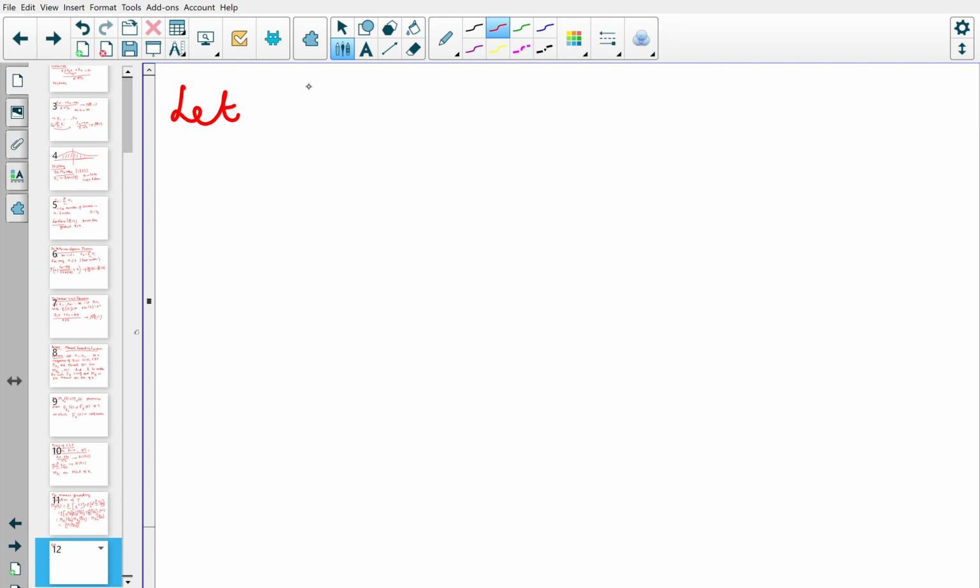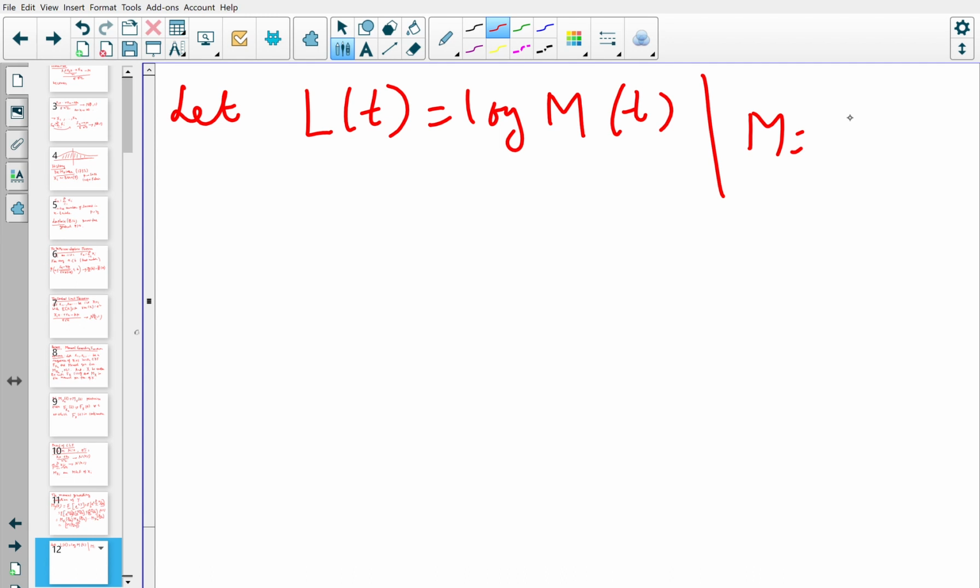Okay, now to do that, let us start with this. Let's define a new function L of t as the logarithm of this m of t. m is the moment generating function of these IIDs, the mgf of the xi's. So there are two things you can do.